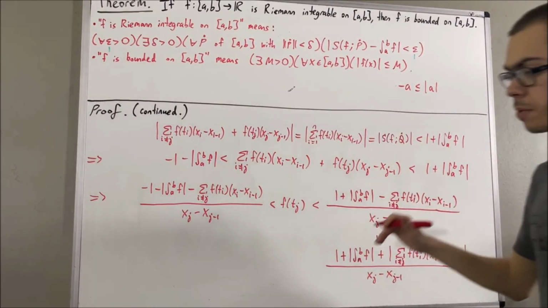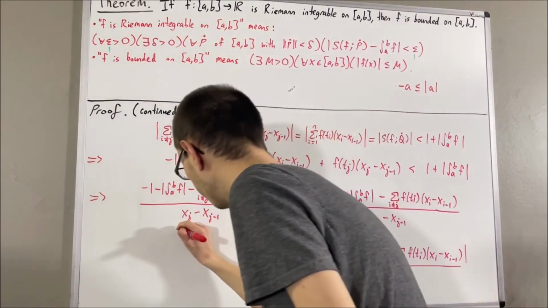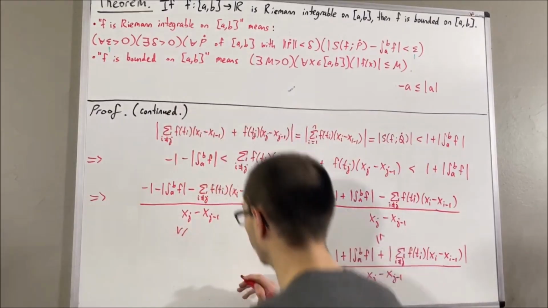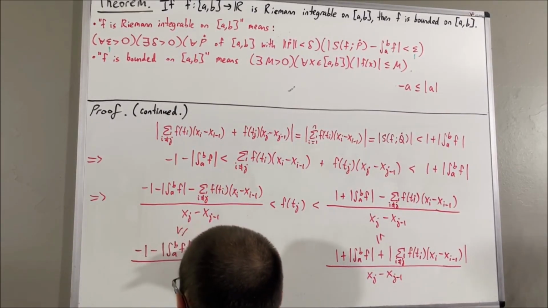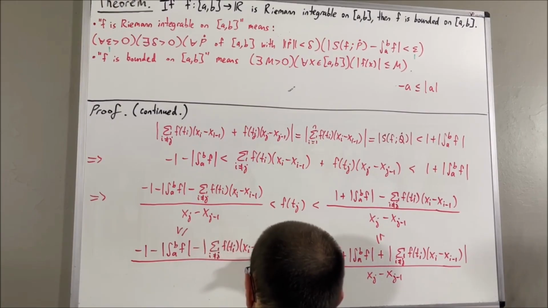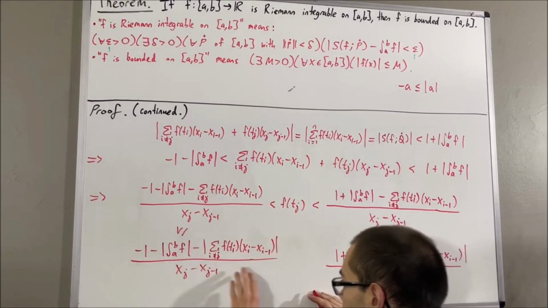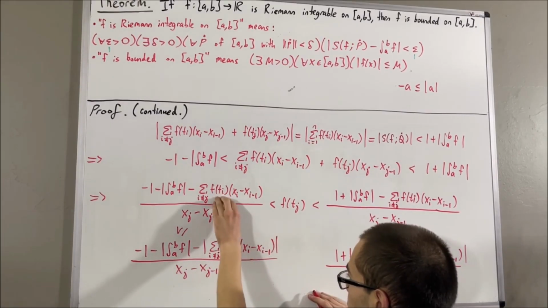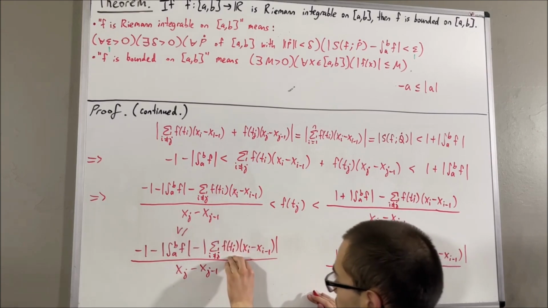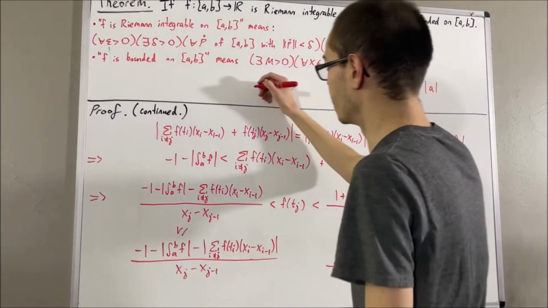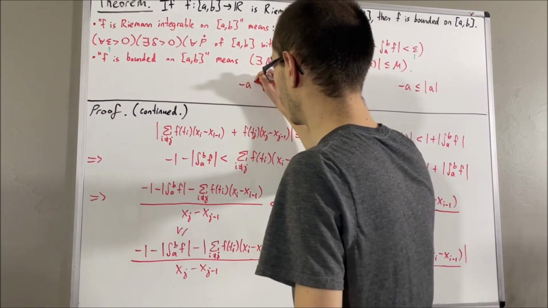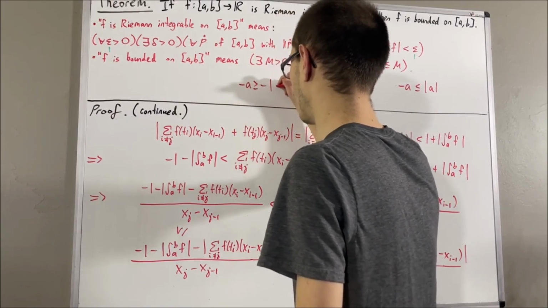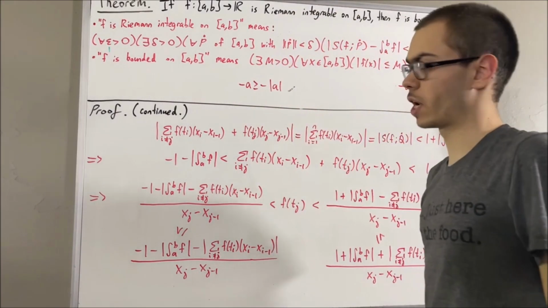And by similar observation, this quantity must be greater than or equal to this. And notice we replaced the third term with this. So the property we're using here is that negative a is greater than or equal to negative absolute value of a for any real number a.